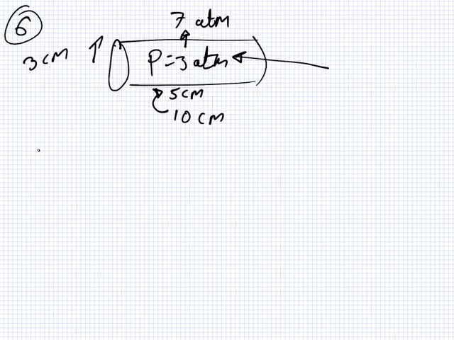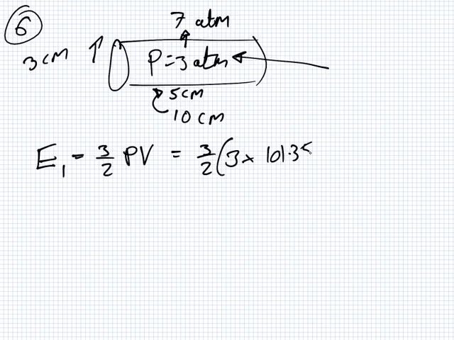Okay, so let's calculate the energy in the gas at the beginning. The energy in the beginning is 3 over 2 PV. What is the pressure in the beginning? 3 times 101.35 times 1,000. And the volume? Pi r squared h.